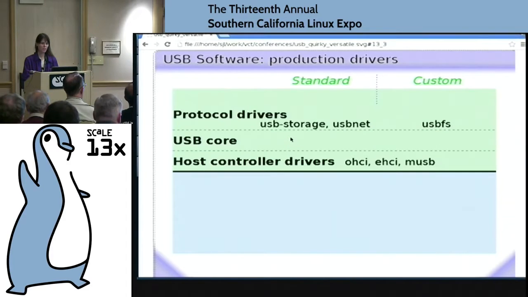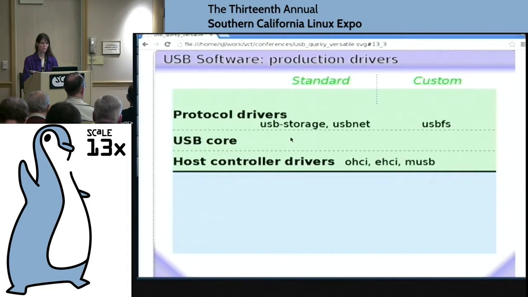I have this split up into the standard and custom ones because there's the standard ones like USB storage and USB net, which go with defined USB classes on how those protocols are supposed to go. There's actual standards on what a USB Ethernet is supposed to do and what a USB storage device is supposed to do.